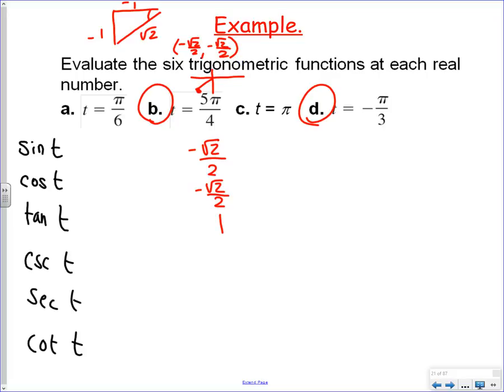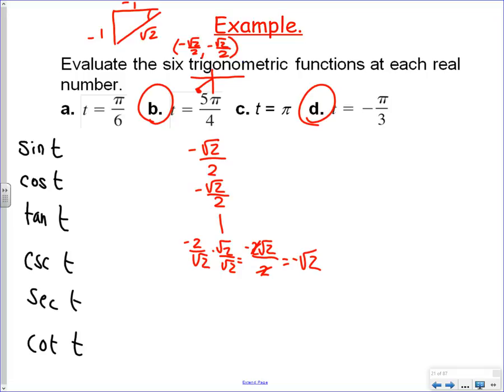How about cosecant? Okay, here's where it gets a little nasty. 1 over y, which if you did the ratio would be negative 2 over root 2. And then you'd have to rationalize, which would be negative 2 root 2 all over 2, which is negative root 2, because those cancel.